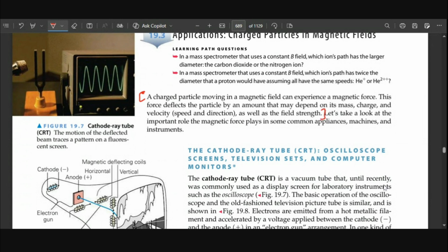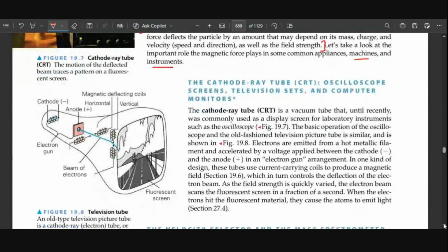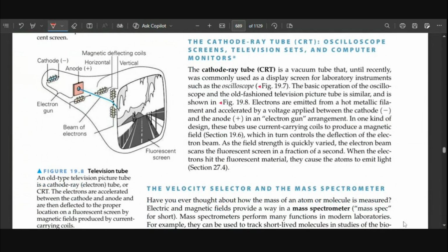So let us try to understand how magnetic force plays different roles in common appliances like machines, instruments, and sometimes television and electronic devices. All of them make use of it. Earlier, in the late 20th century, we used to have these kinds of television.